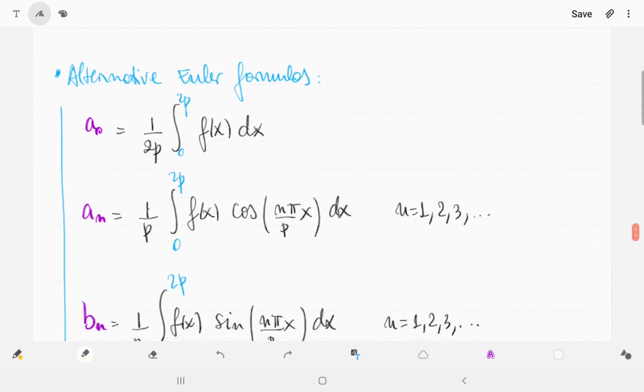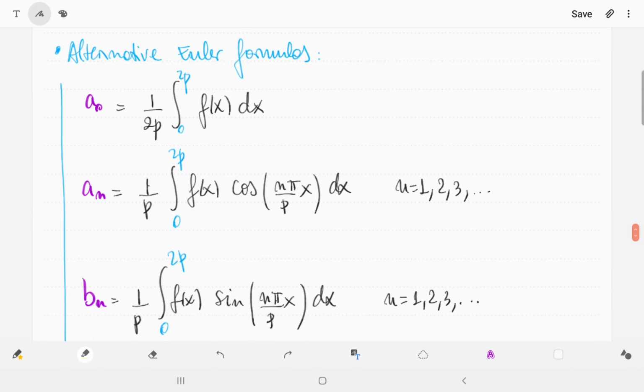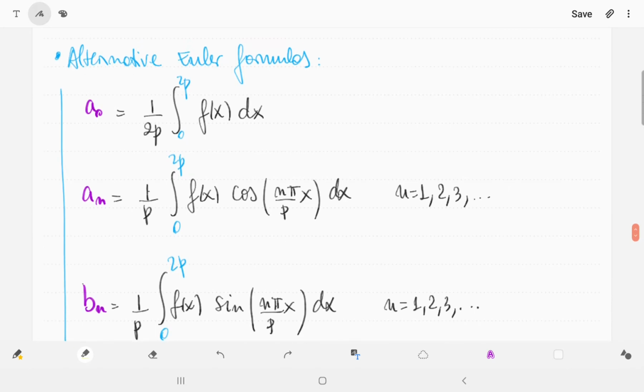We also have these alternative Euler formulas, which change the interval from minus p to p into 0 to 2p. Since we are working with 2p periodic functions, it doesn't matter which particular interval we integrate over.